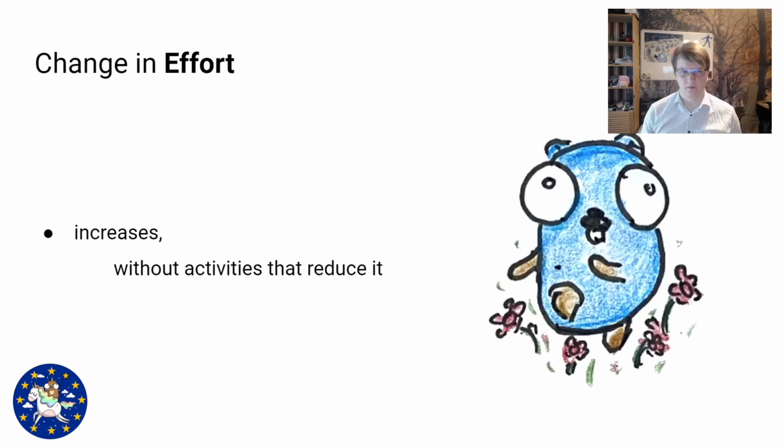So overall, we can see that this change in effort usually is positive. So we must do more work to modify or maintain the code base. So you might think that this change in effort, that's the technical debt that we are all thinking of.